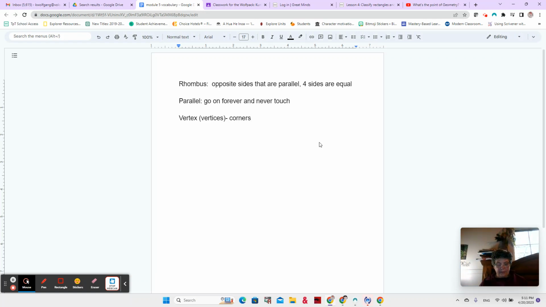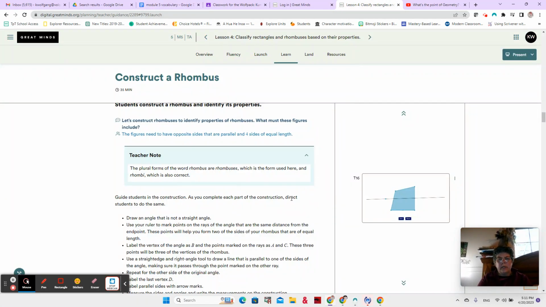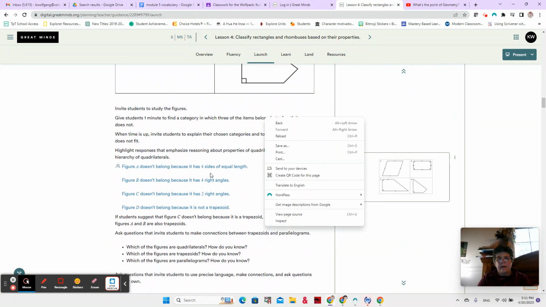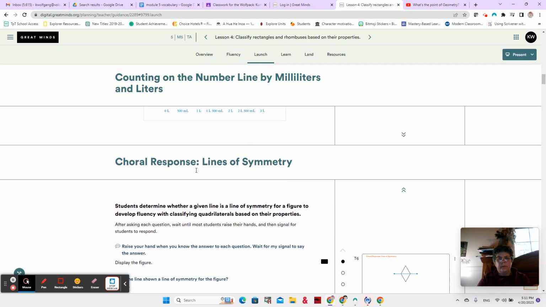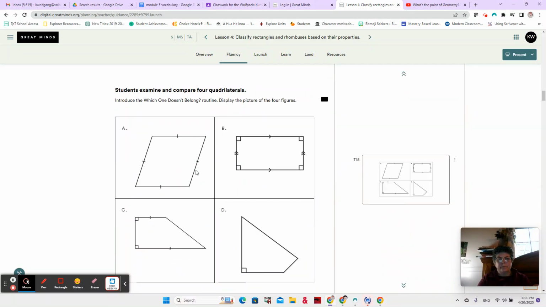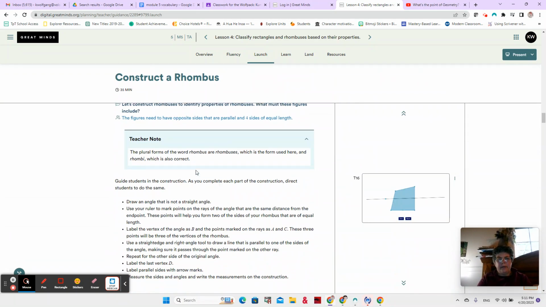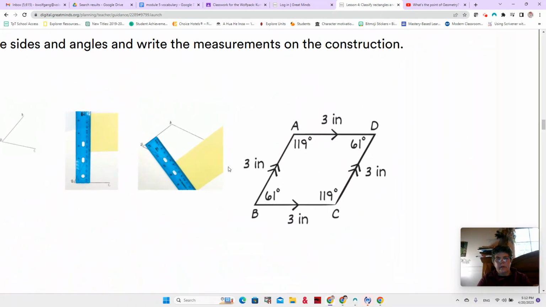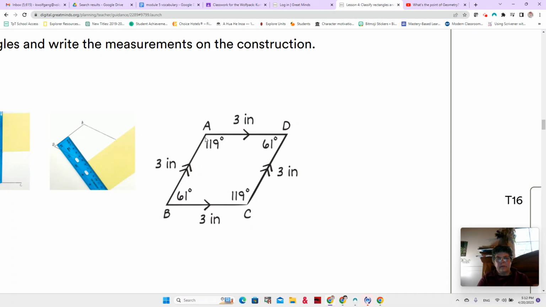And then we're going to measure the sides and the angles and write the measurement on the inside of the construction. Okay, so let me show you, just because it's a little hard to show you on my little piece of paper. It should be about right here. Okay, there is a rhombus, right?